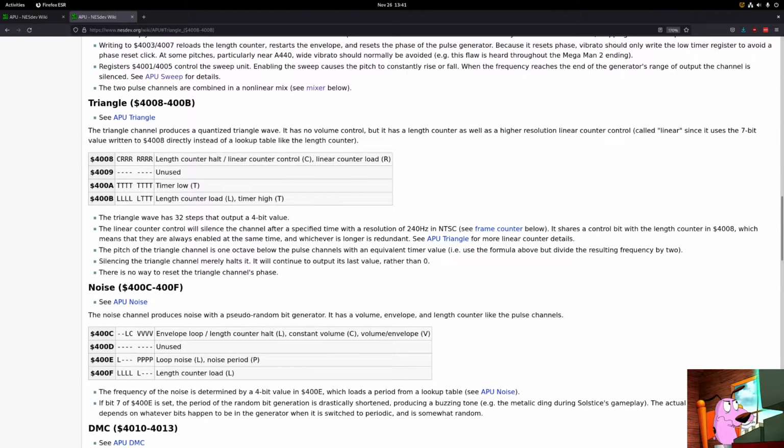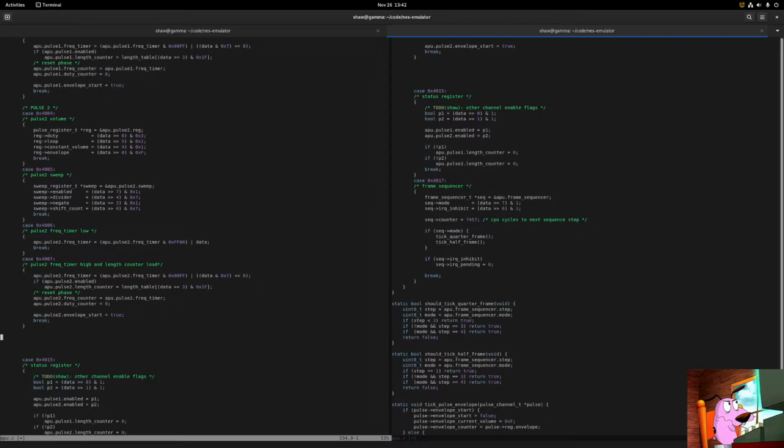Okay, well, what does this say? As well as a high-resolution linear counter control. It uses a 7-bit value written in 4008 directly instead of a lookup table. Okay, well, let's see.